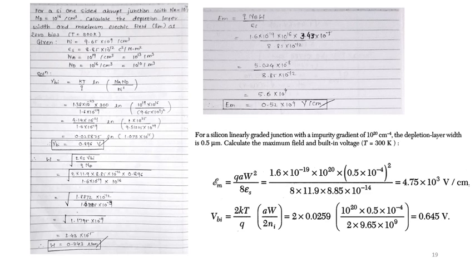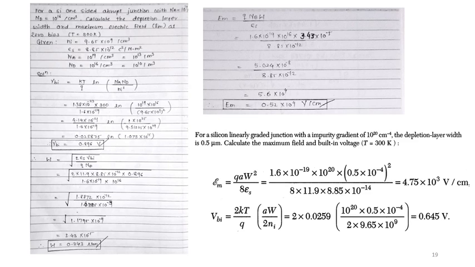And the last numerical is for a silicon linearly graded junction with impurity gradient 10 to 20 per centimeter raised to 4, that is, the value of A is given, and the depletion layer width W is given as 0.5 micrometer. Calculate the maximum field and built-in potential, that is, the two values EM and VBI.